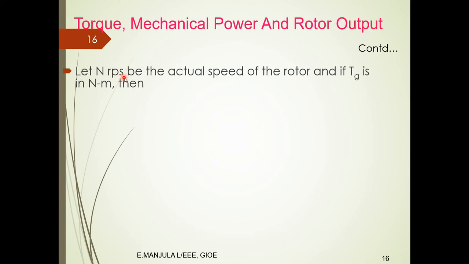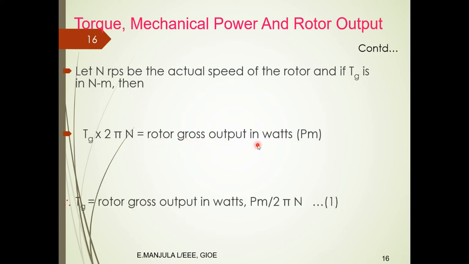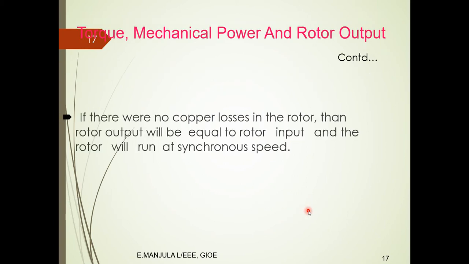Let n in RPS be the actual speed of the rotor, and if Tg is in Newton meter, then Tg into 2 pi n is equal to rotor gross output in watts. So Tg is equal to rotor gross output Pm divided by 2 pi n. If there were no copper loss in the rotor, then the rotor output would be equal to the rotor input and the rotor would run at synchronous speed.